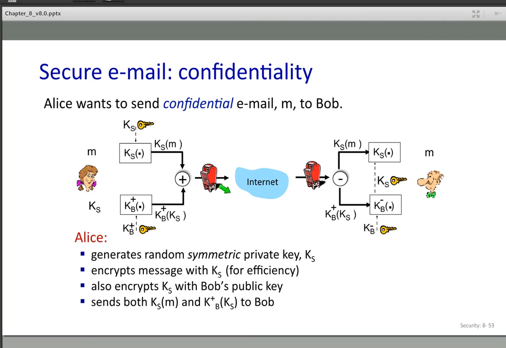It's simple. We learn how we can do it. Alice can encrypt the email message with a shared key, and that encrypted message with the shared key can be sent over the internet.